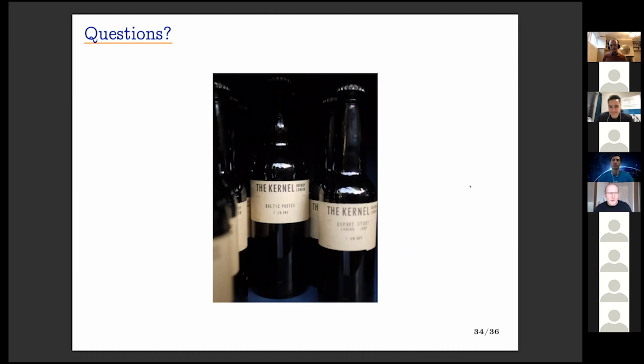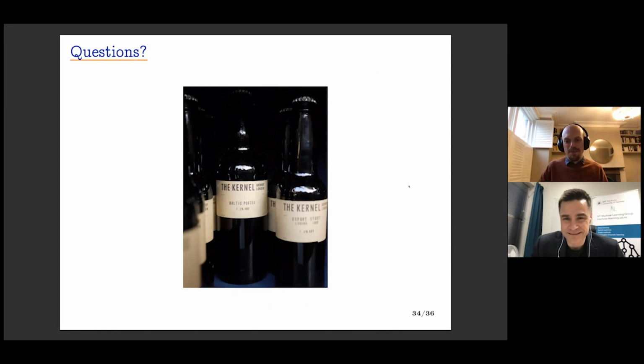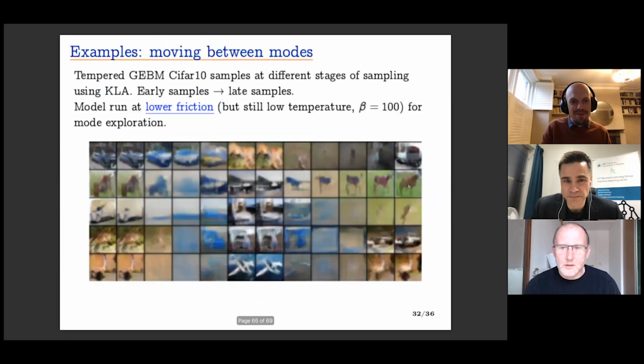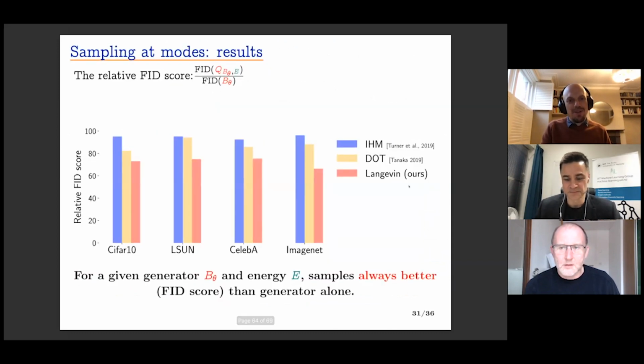Couldn't your sampler produce adversarial attacks for the critic? Would that do any harm? Oh, actually, I forgot to show that slide. When you say adversarial attack for the critic, if I understand your question correctly, does that mean a sample in a region of the space where the critic believes the importance weight is very low, which is to say the sample is in a region where it's very unlikely that a true sample would occur?